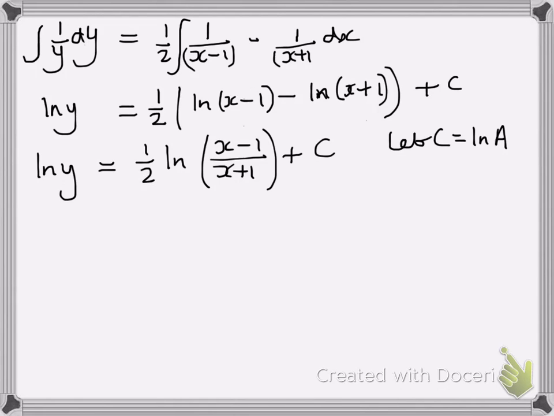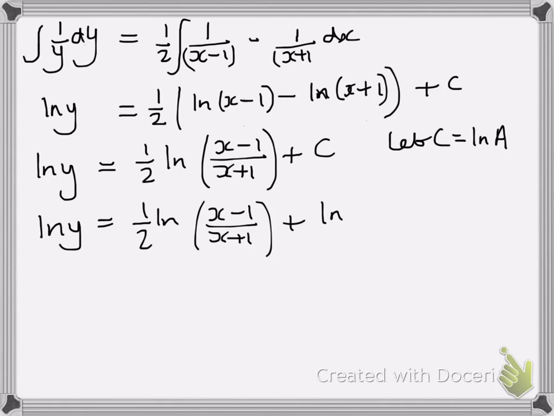So now I have ln y equal a half ln of x minus 1 over x plus 1 plus ln a, which I can write using my laws for logs again.